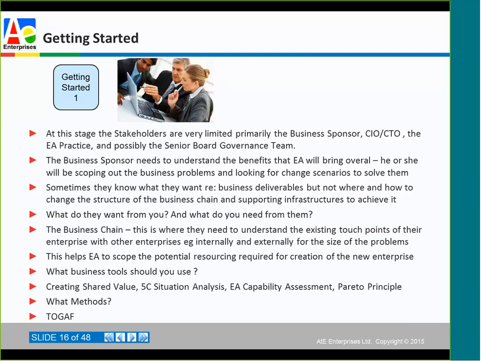What tools should we use to help them? Now, there are lots of tools out there. There are tools like shared value tools. There are something called the 5C situation analysis, and I'm going to just touch on some of those. There are capability assessments.